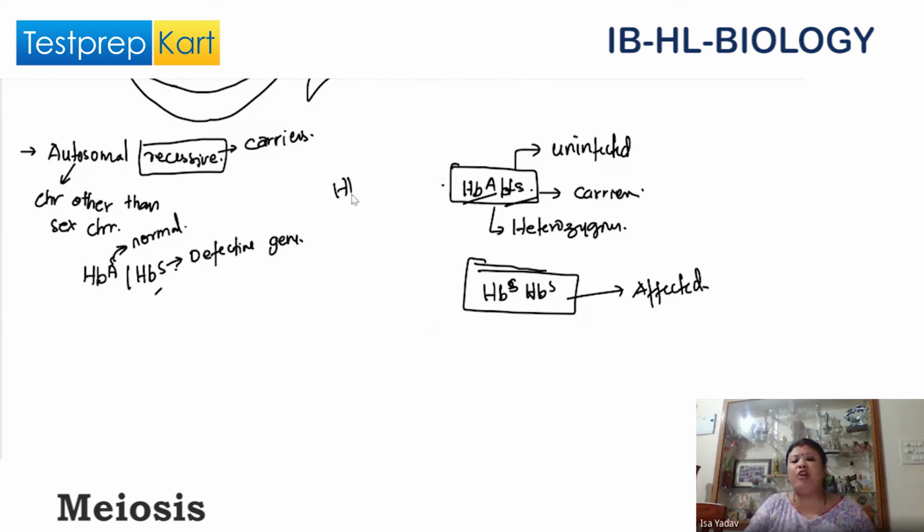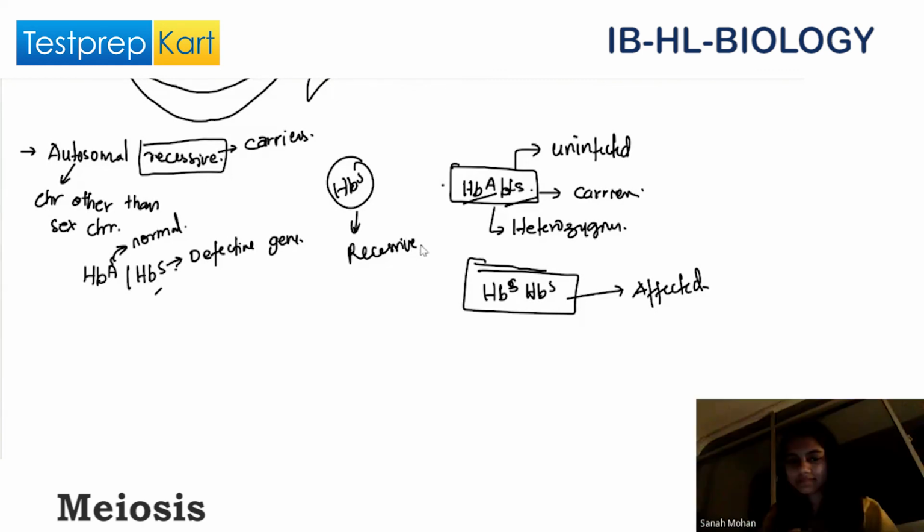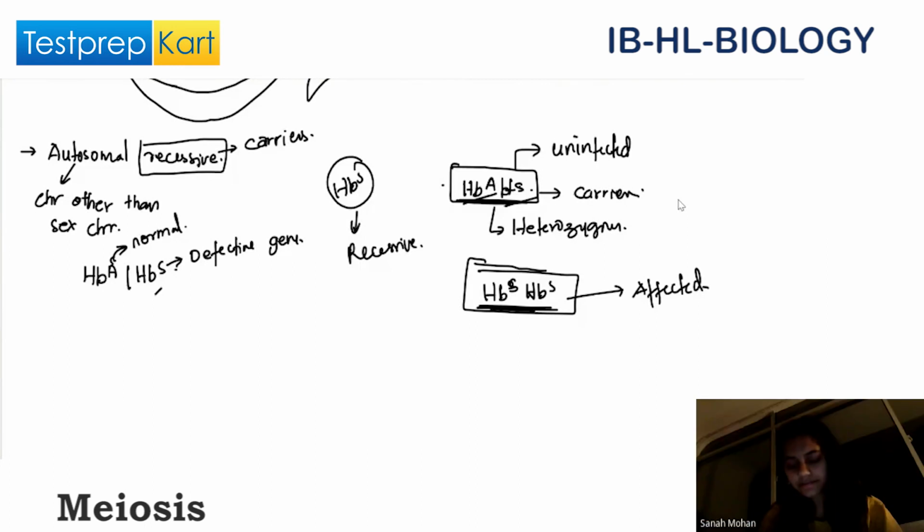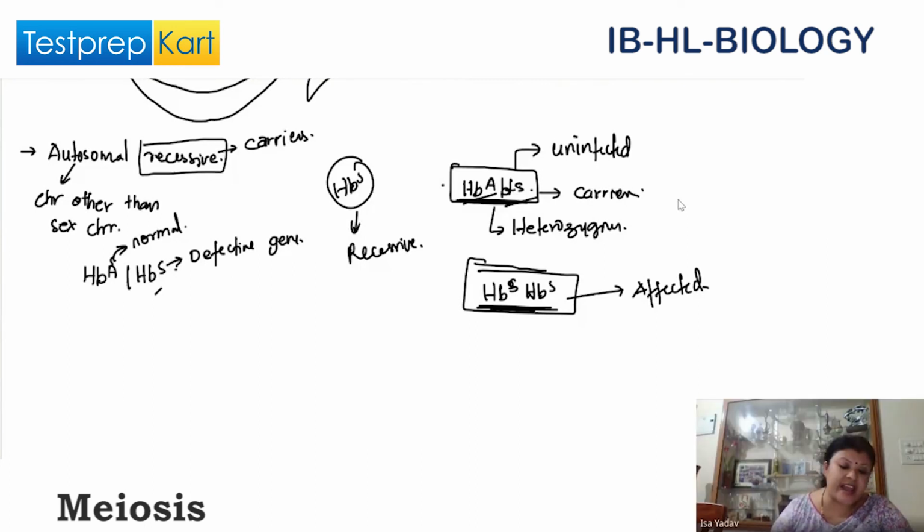HBS is the allele for sickle cell anemia, but it is recessive, so to express the disease it has to have both recessive alleles. If there is one dominant and one recessive, it is a carrier. Here both are the affected allele, so the individual is affected. This is sickle cell anemia, with a decrease in the amount of oxygen.